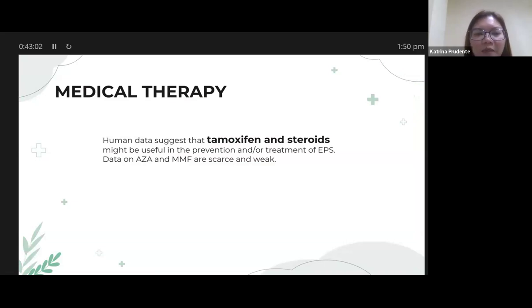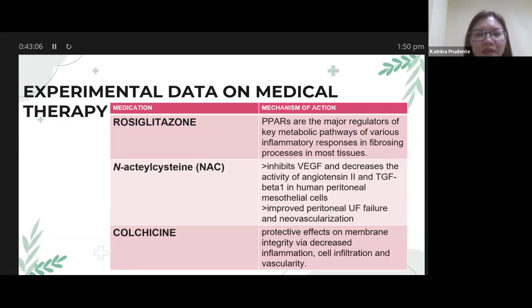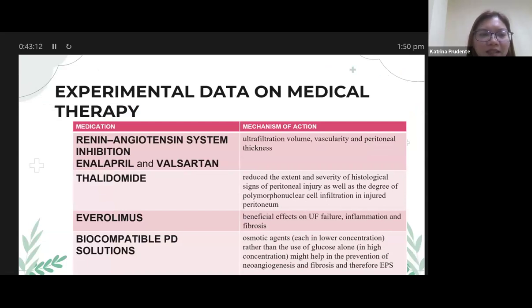However, data on AZA and MMF are scarce and weak as of this time. Other experimental data includes rosiglitazone, NAC, colchicine, RAS blockers, thalidomide, everolimus, and biocompatible PD solutions. These are solutions which have a lower osmotic agent or an alternative osmotic agent other than glucose.